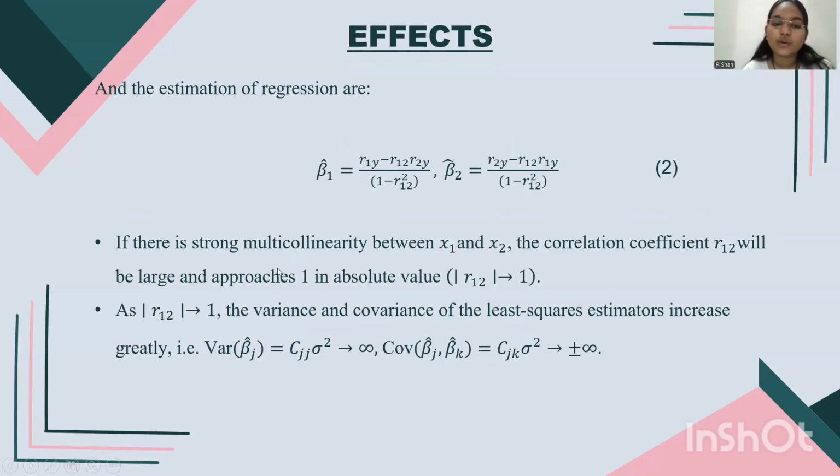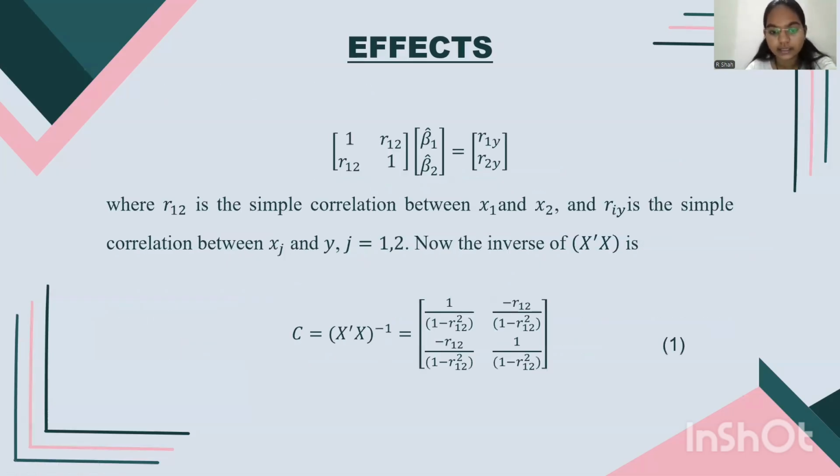If there is strong multicollinearity between x1 and x2, the correlation coefficient R12 will be large and approaches 1 in absolute value. So absolute R12 tends to 1. The variance and covariance of the least square estimator increase greatly. That is, variance of beta j cap, Cjj sigma square, tends to infinity. So how does this infinity come here, right? Let's see its C matrix.